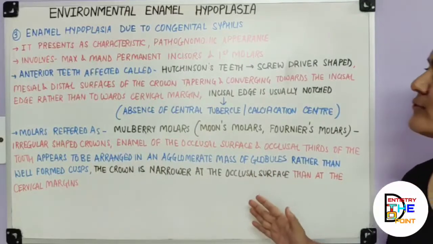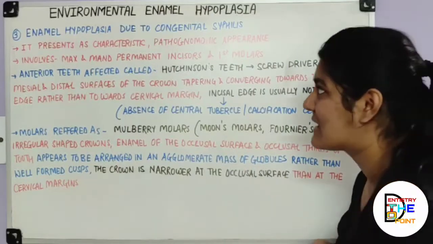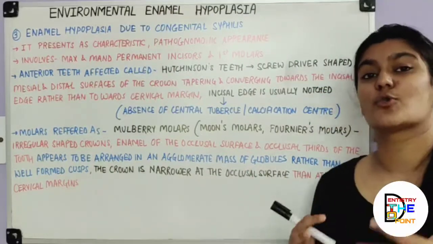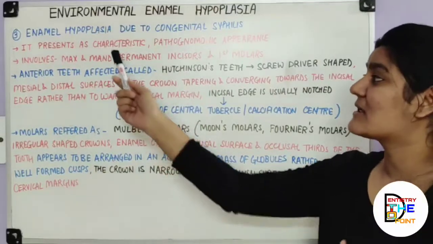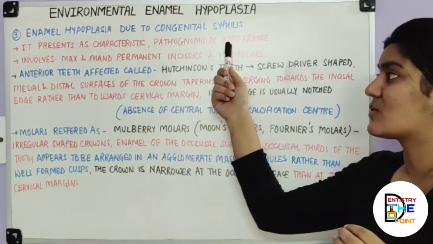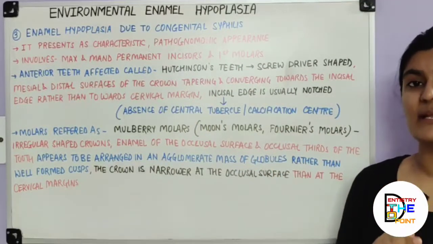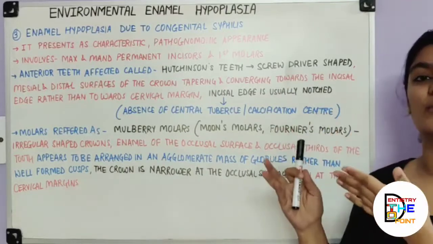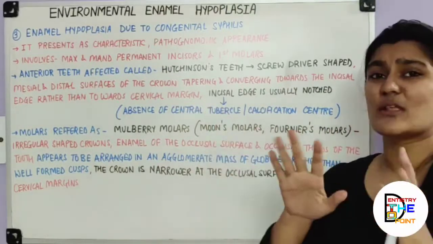But here what you have to see is that when there is enamel hypoplasia due to congenital syphilis, the enamel has a characteristic or pathognomonic appearance. There is not that pitting we saw earlier due to infections, systemic illnesses and nutritional deficiencies. There is no such pitting here.